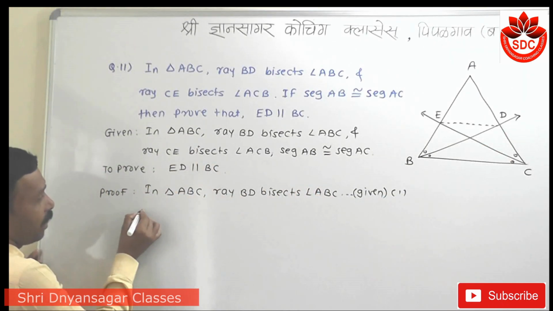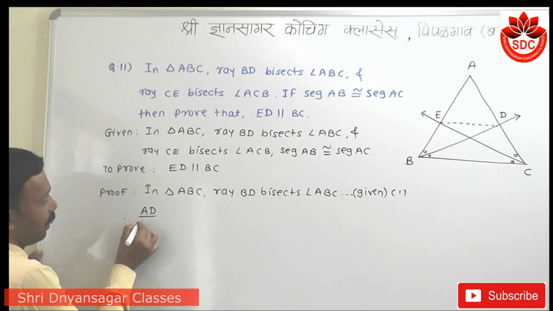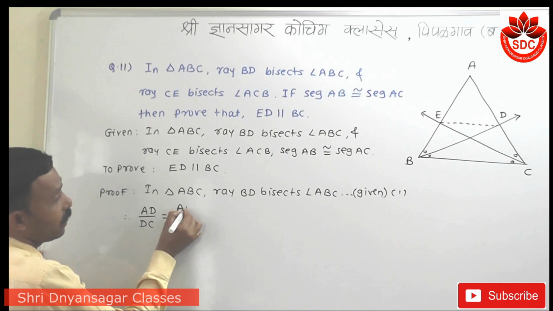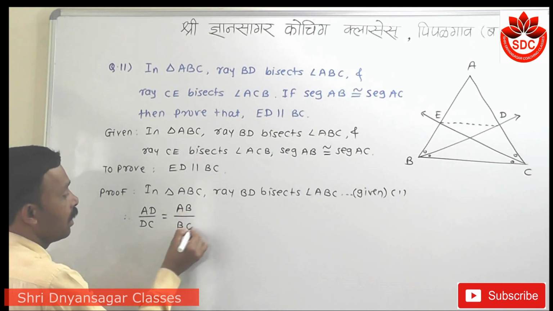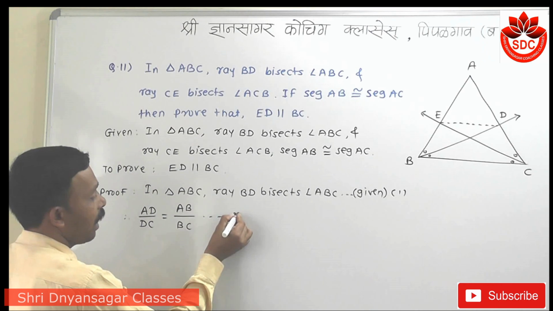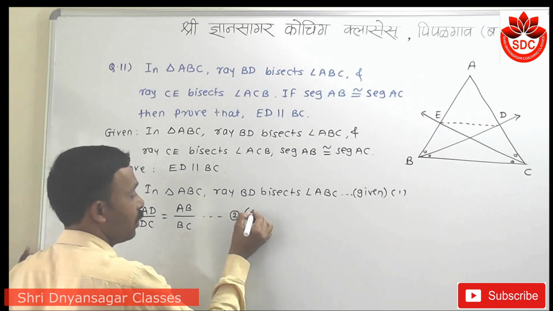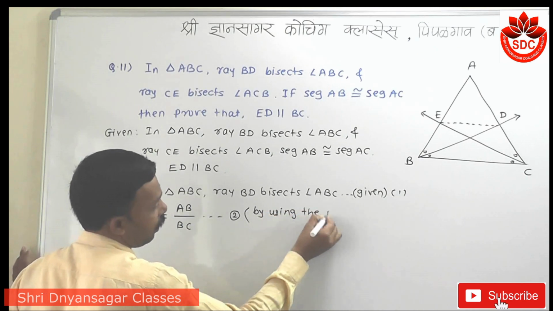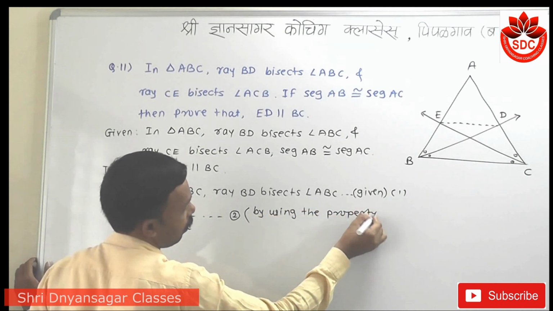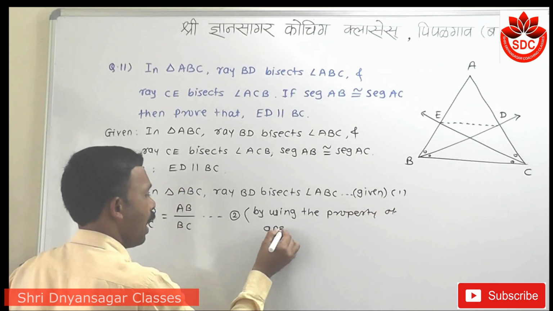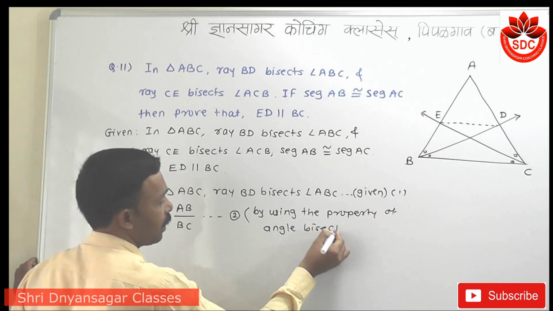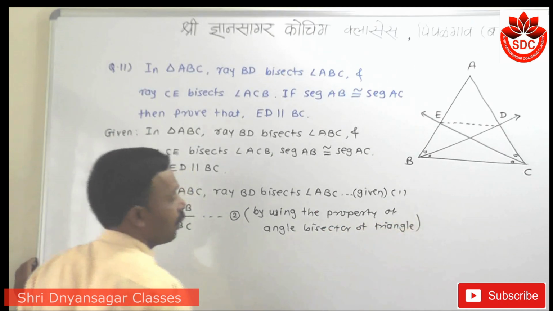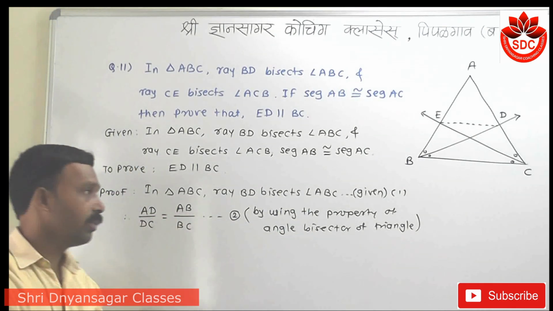Therefore, by using this property, AD upon DC is equal to AB upon BC. This is equation number second, and the reason is by using the property of angle bisector of a triangle.